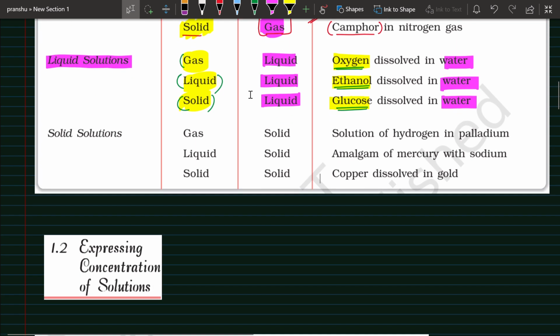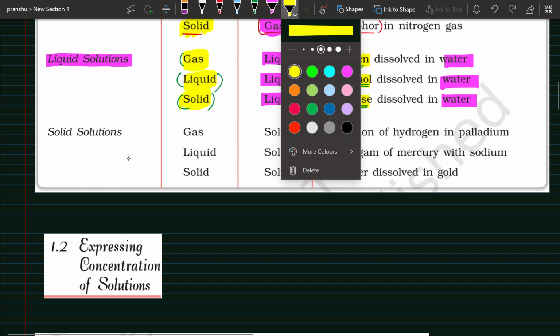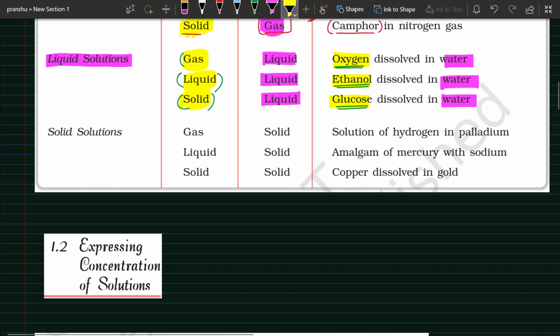Similarly, we take another term, solid solution. As we know by definition, the solvent and solution are in the same phase, but the solute is in a different phase or maybe in the same phase.